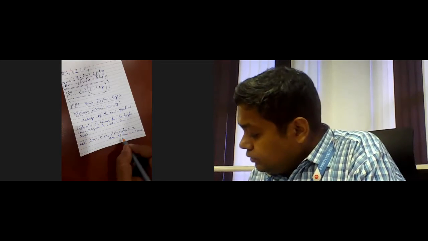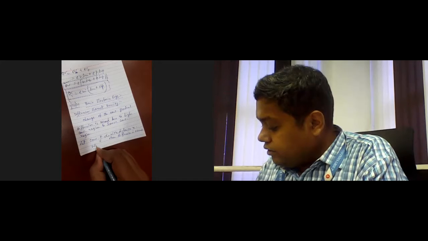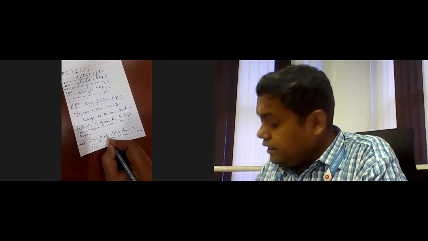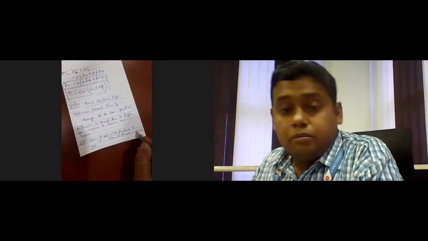Concentration P means the hole concentration. Concentration of P is directly proportional to the distance X where this diffusion may occur.